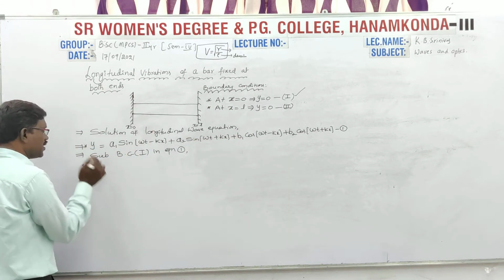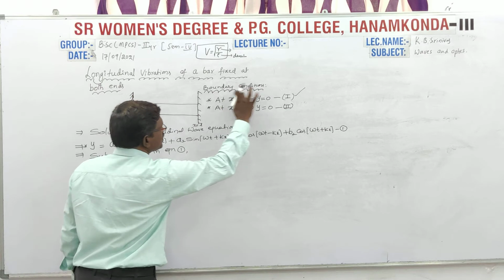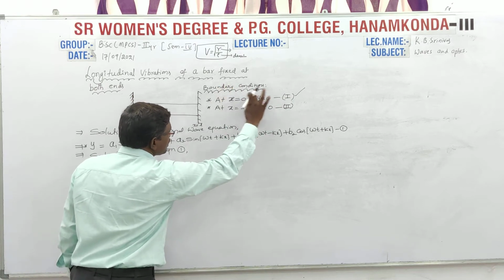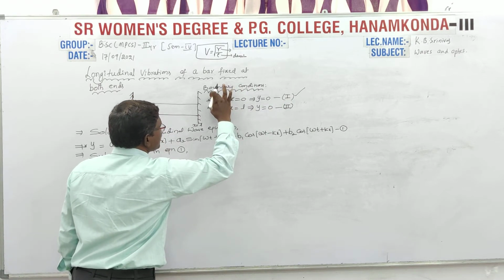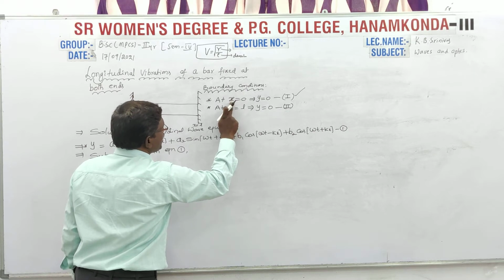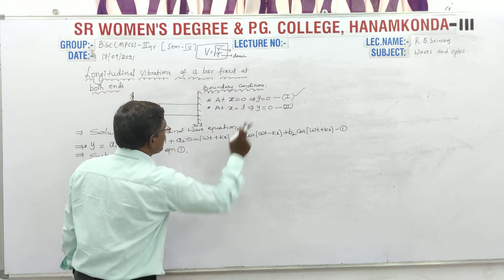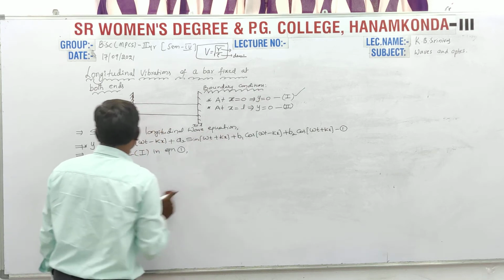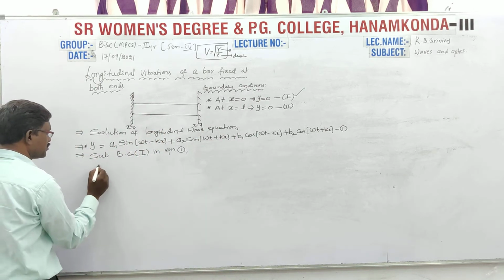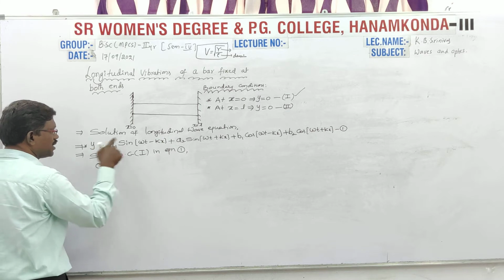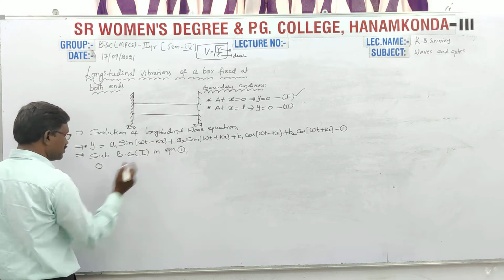Here I am using this expression. So if you put x as 0, y definitely becomes 0. So wherever we have y, that is replaced by 0. Simultaneously you have to place x as 0.